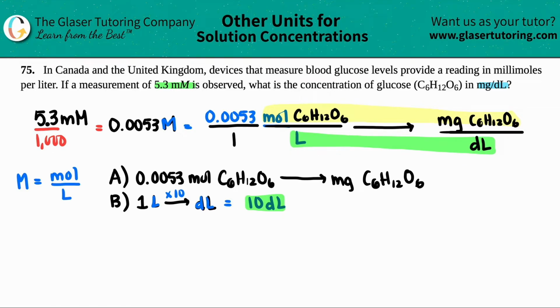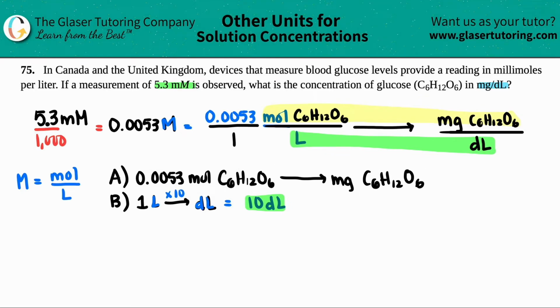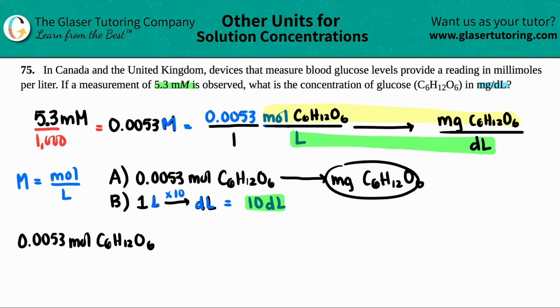I highlighted it in green to show you that it's now going to be the new denominator. But now for the numerator part, I got to do a little bit more work. So let's start that off. 0.0053 moles of C6H12O6. Well, I want milligrams, but I can't just go from moles to milligrams in one shot.